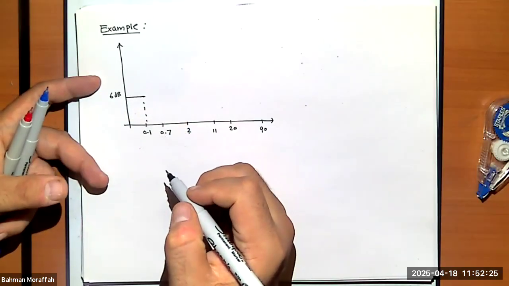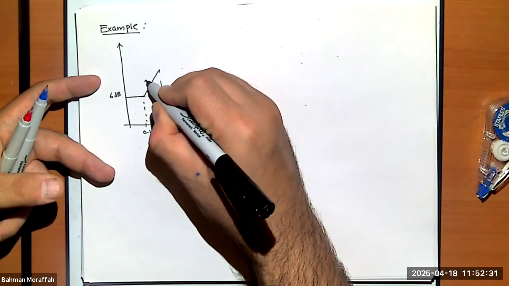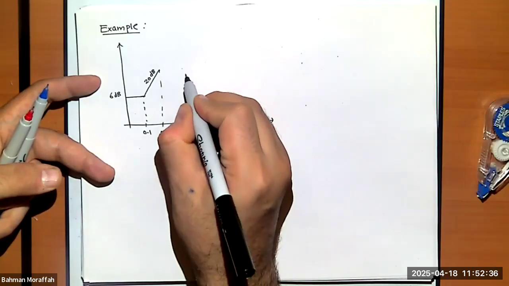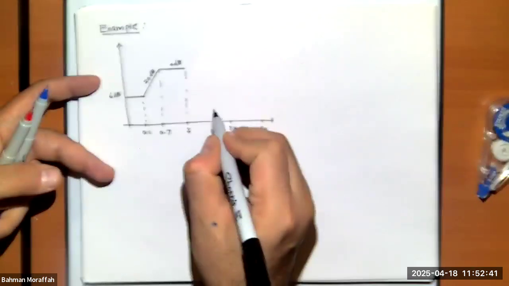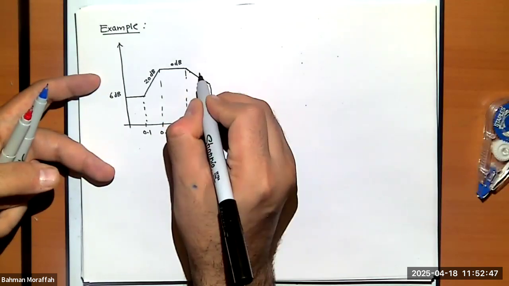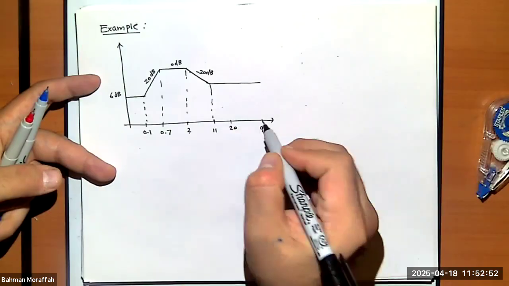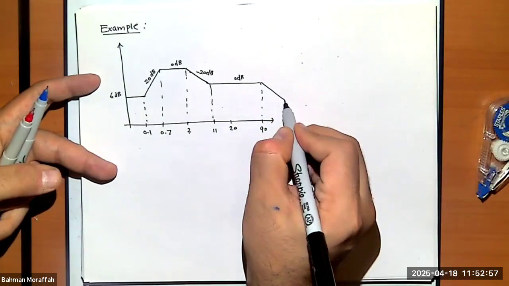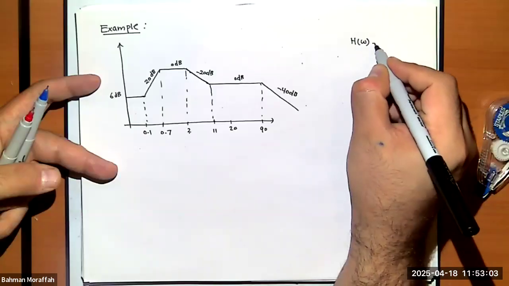From 0.1 to 0.7, I'll go down by 20 dB to this point. It becomes flat. Over here it goes down till it hits this point, negative 20 dB. Then it is flat till we hit this 90, at which I go down by negative 40 dB. What is H of omega?